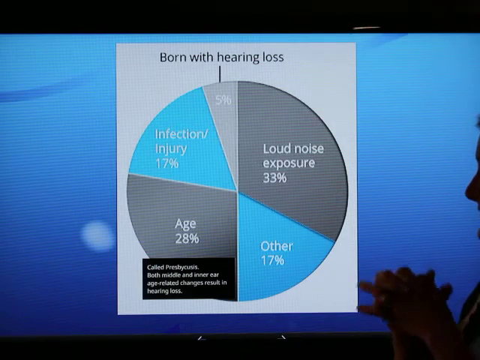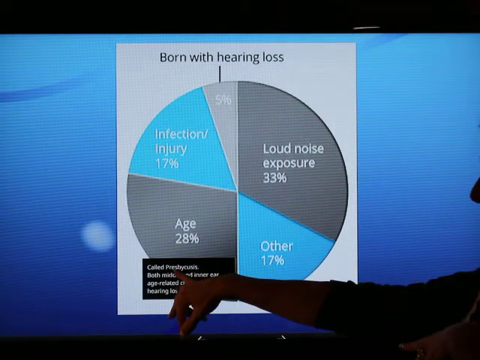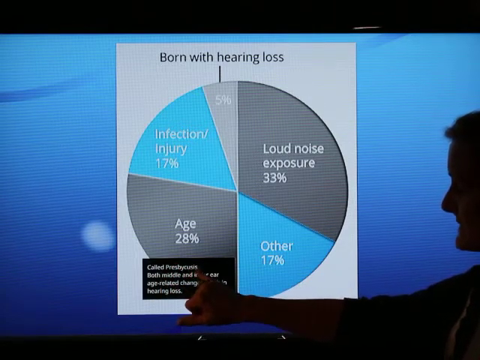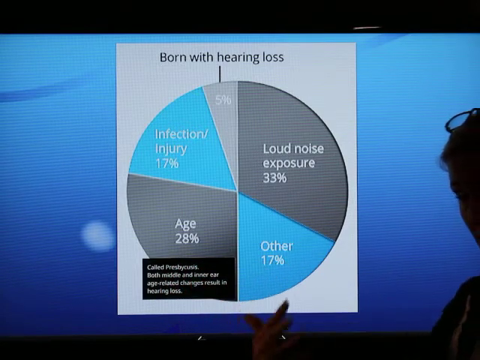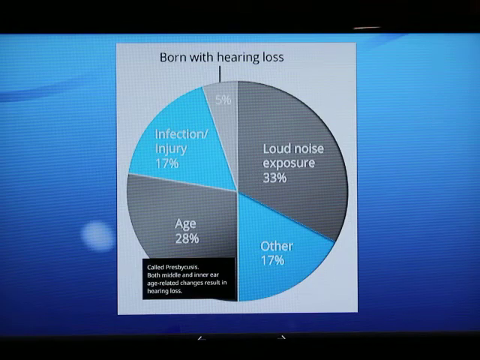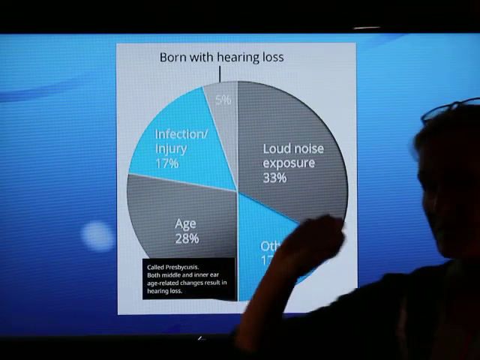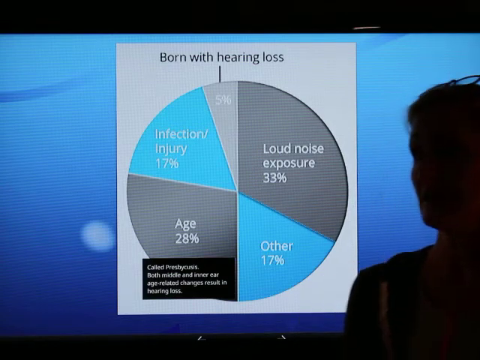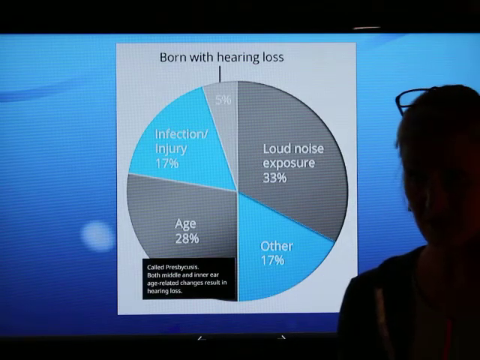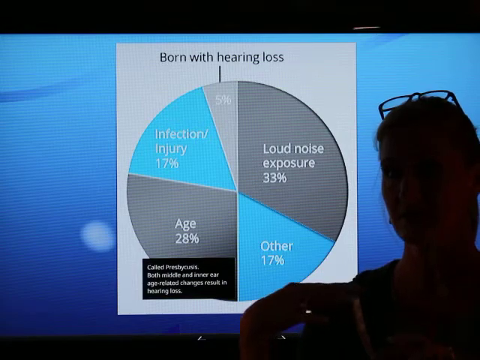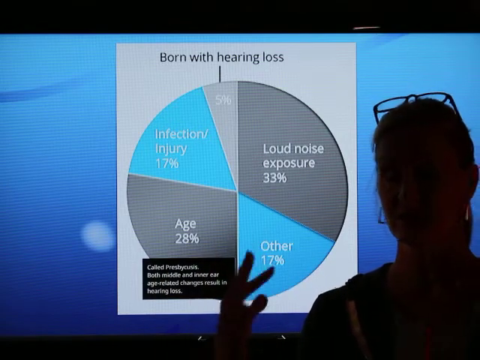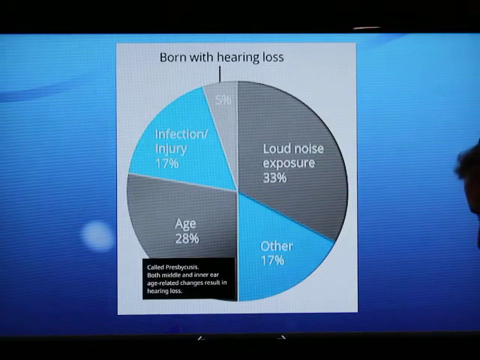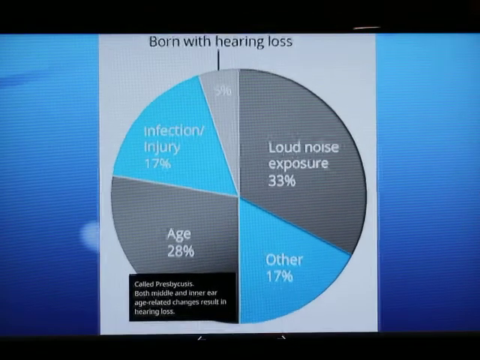And the word for that is presbycusis, like presby again is old, and cusis is the word for hearing or auditory. And so as a person ages, both the middle ear and the inner ear can start having changes in it, which both can contribute to hearing loss and like their sense of stability, especially if they're having problems like in the cochlear and the semicircular canals.